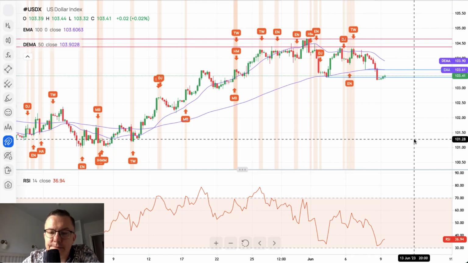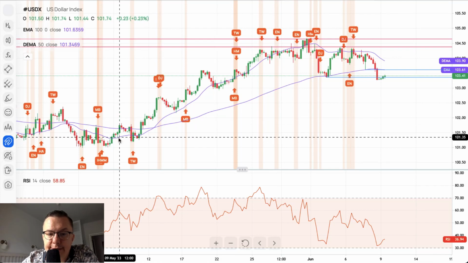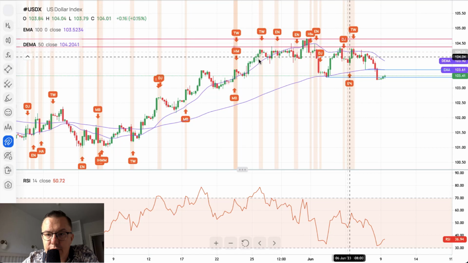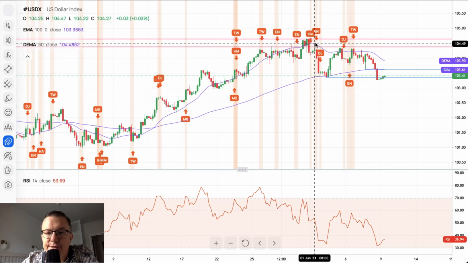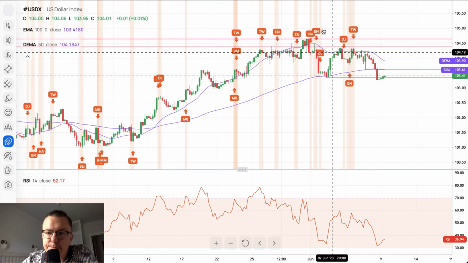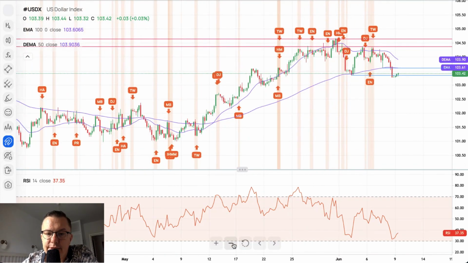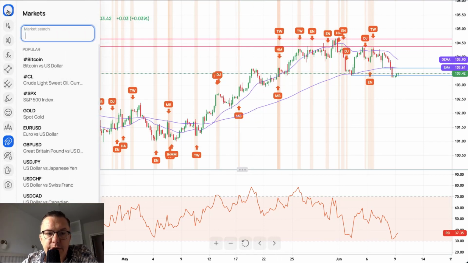The market is still under bearish control, and this movement for the whole of May and part of June might be simply finished. Okay, so we have some kind of a distribution here, and we should see movement to the downside on the US dollar index.